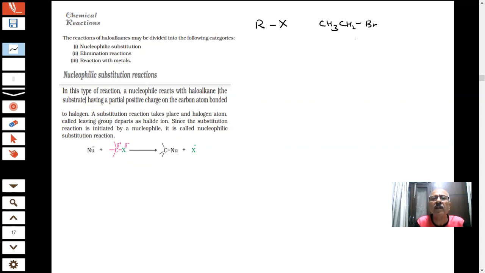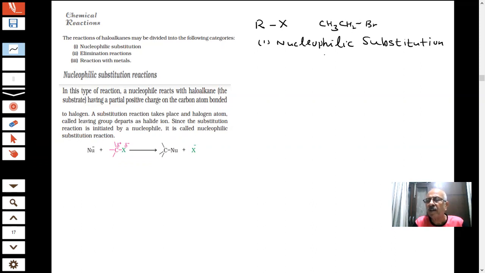This is my haloalkane. The most important reactions of haloalkanes are nucleophilic substitution reactions. Nucleophilic substitution reaction. This is very important and questions will be asked on this.